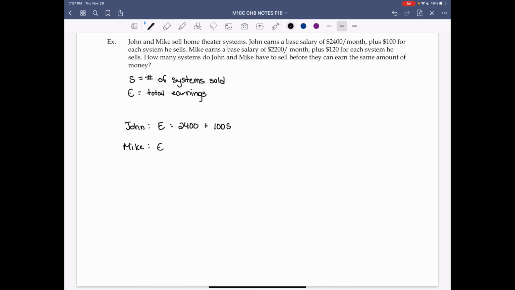Mike's total earnings equal his base salary, which is $2,200 plus $120 for each system Mike sells, so times S. We already have both equations written as E equals, so the E value is isolated, so we can put it right into our graphing calculator.